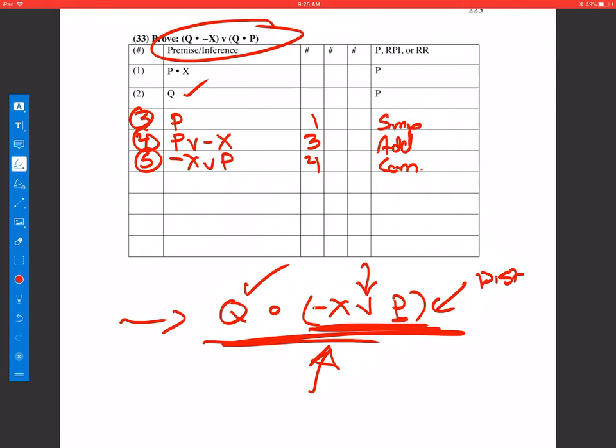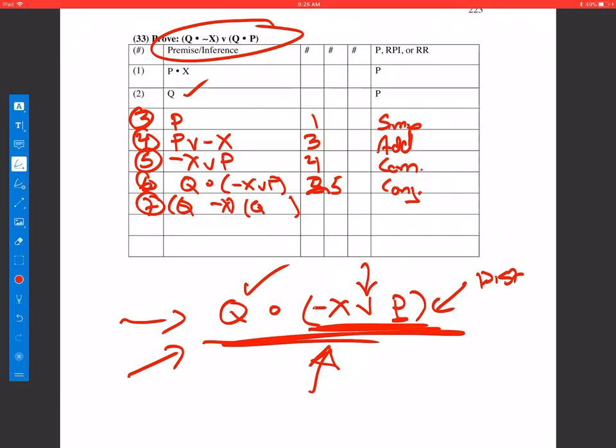And now, look, I can put the Q and the not X or P together. Q and not X or P from 5 and 2, conjunction. And as we discovered early on, we can do a distribution.